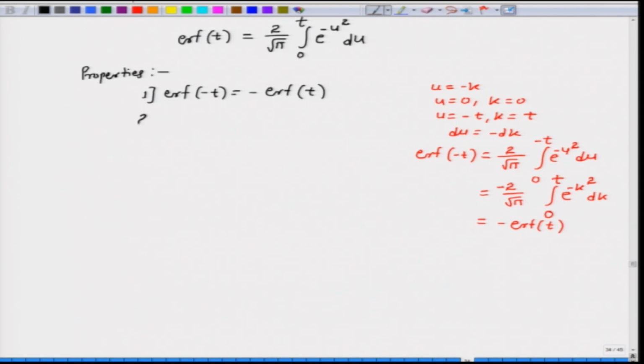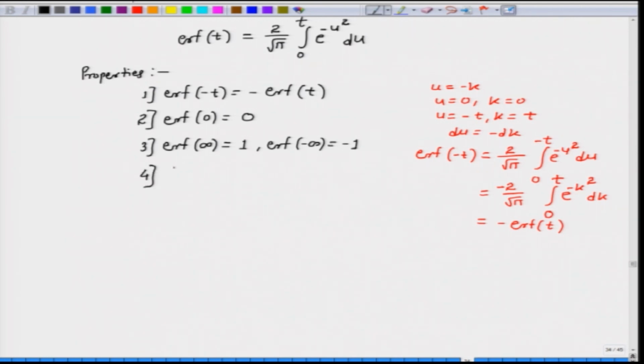Similarly, the second property is erf(0) equal to 0. It is very easy to see because the integral from 0 to 0 should be 0. The third property is erf(infinity) equal to 1, and from the first property it will turn out that erf(minus infinity) should be equal to minus 1.